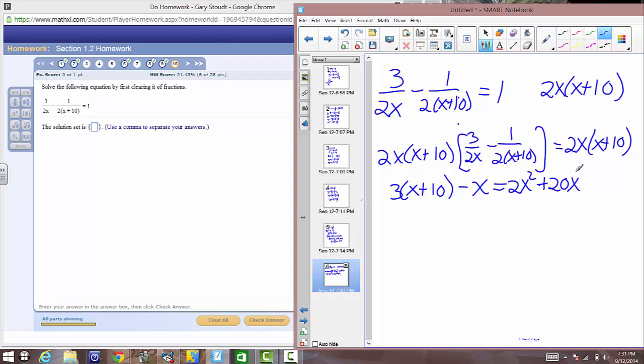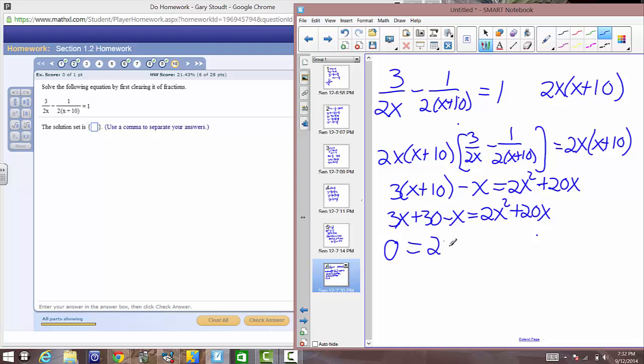Well, this is a quadratic equation, so what we need to do is bring everything to one side or the other. Let's clean up a little bit. So 3x plus 30 minus x is equal to 2x squared plus 20x. Let's bring everything over to the right to keep our x squared term positive.